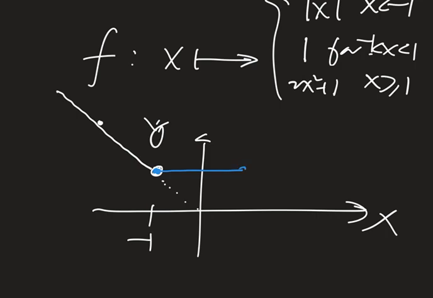But this is not included in this one. So when this is bigger than 1, I use a pink pen. This will be 2x² + 1. That means that 1 becomes 3. Correct?